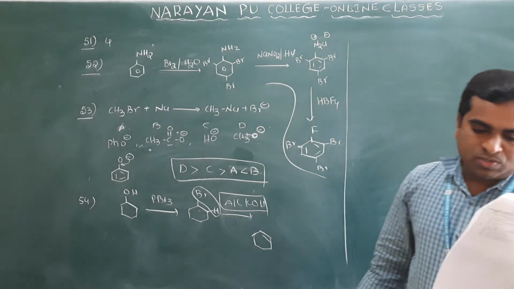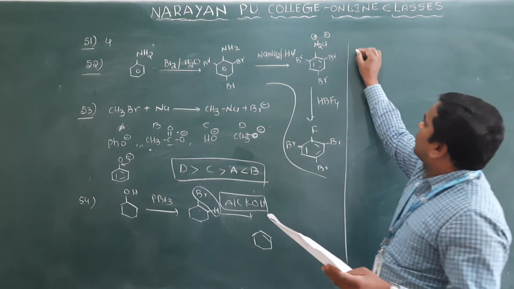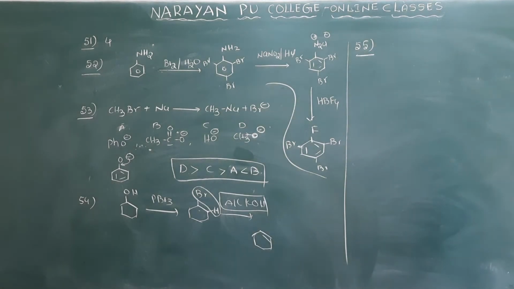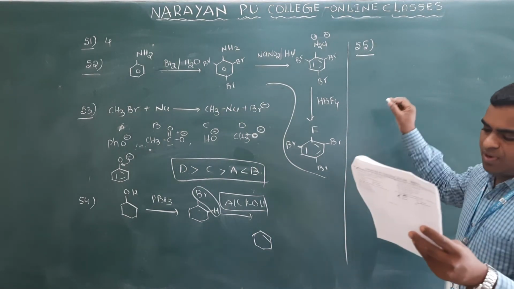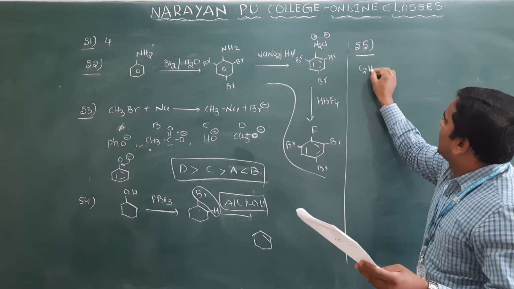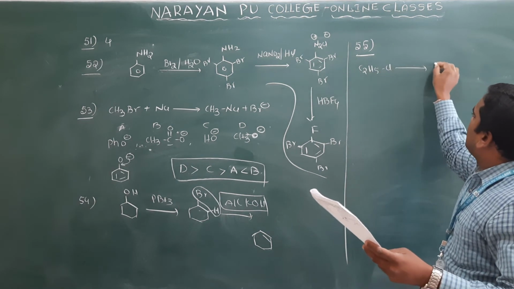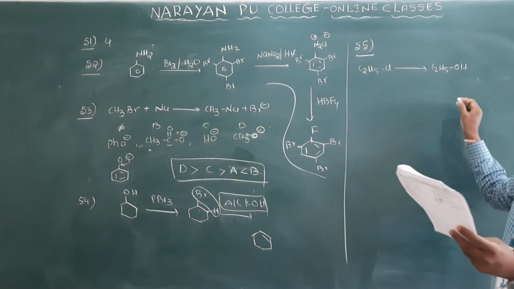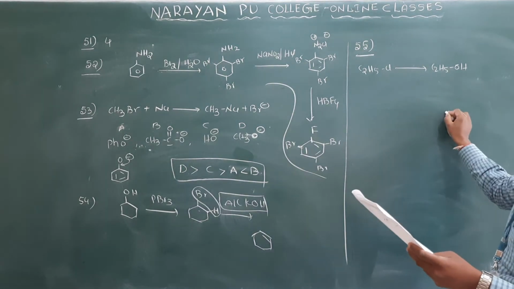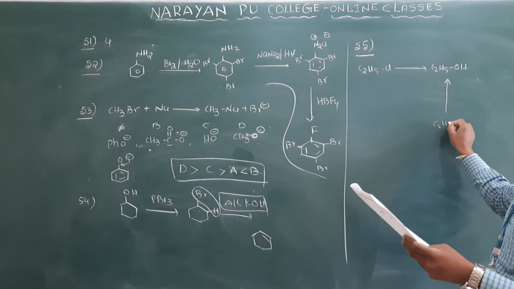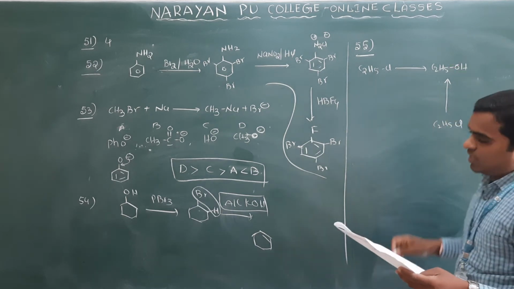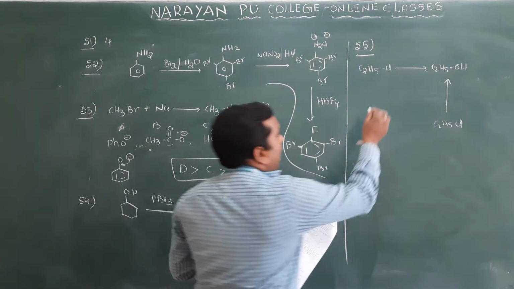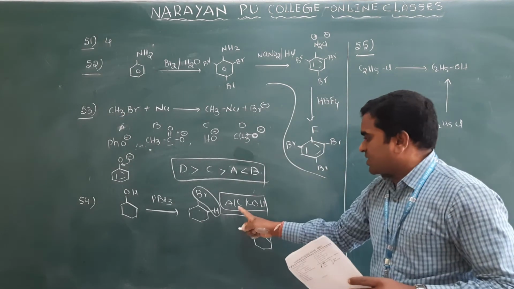Clear? Next one. Question number 55. If you see, they have given C2H5Cl, which should be converted into C2H5OH. Another method to form ethanol is also there. If I take alcoholic KOH, which reaction takes place?